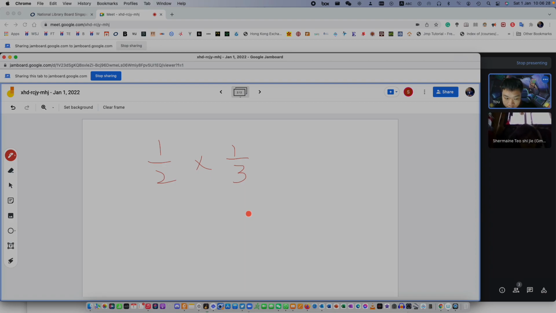Go ahead, it's for you to work on this. Are you working on it? Okay. How do you get this? You need to show me. You don't jump steps. Write another step. Can you erase your work? How do you get this?